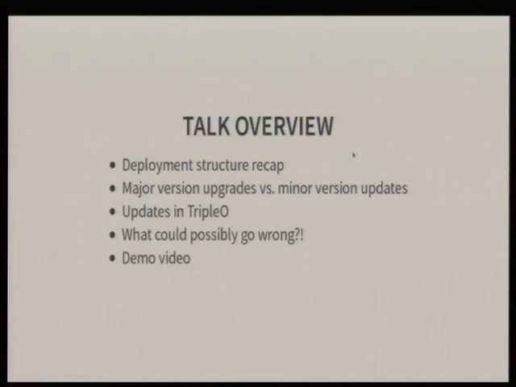Pretty defined, so we're going to mention those. Then we're going to talk about how updates are specifically implemented in TripleO and some of the issues that we faced while implementing the update support. And then we're going to show a demo video showing how it works, that tenants have preserved uptime of their virtual machines during the update.